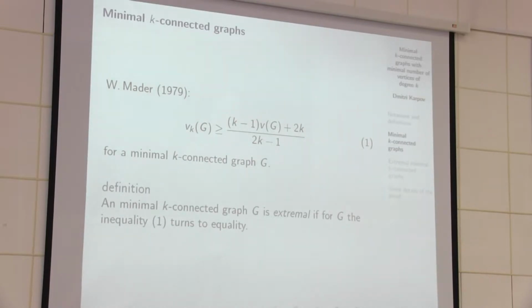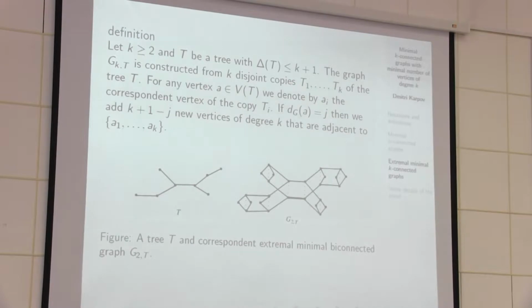And a definition: the graph G is called extremal if this inequality turns to equality, if it has as small a quantity of vertices of degree k as is possible. Here is a picture for k equals 2, but we can imagine such a construction for any k.